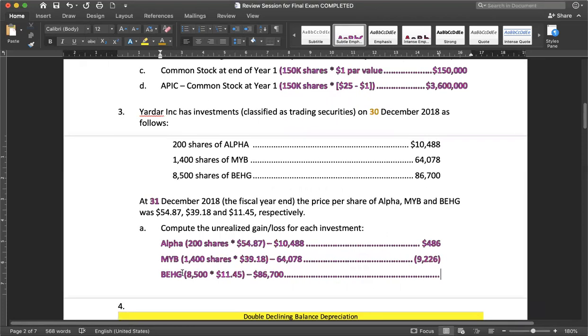All right. So 8,500 times 11.45 is equal to 9,160. And no, that's not right. Let me say that again. 8,500 times 11.45 is equal to 97,325.